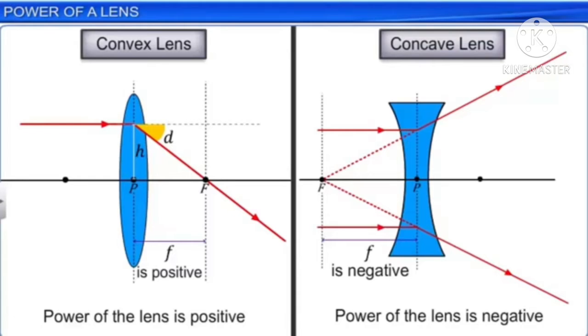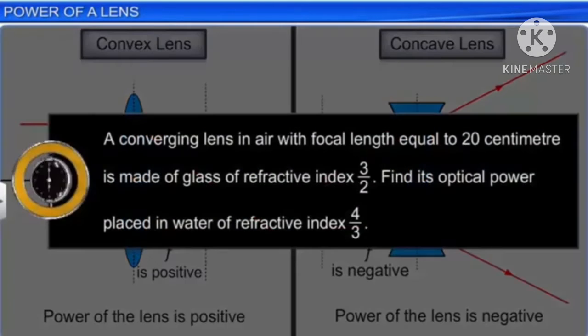Let us find its optical power when placed in water of refractive index 4 by 3. It is given that the refractive index of glass Ng is equal to 3 by 2. Focal length of the lens in air, f, is equal to 20 cm or 1 by 5 meter.